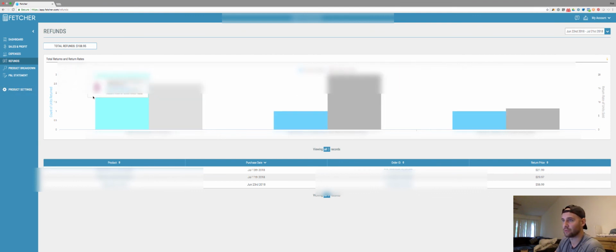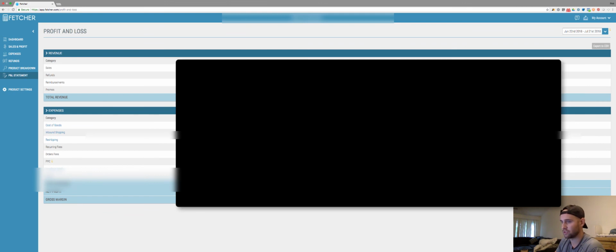So yeah, that's your refund tab. And then you have your profit and loss statement, which is just a holistic view of all of your costs and everything for the month or for the year or for whatever period you're looking at.